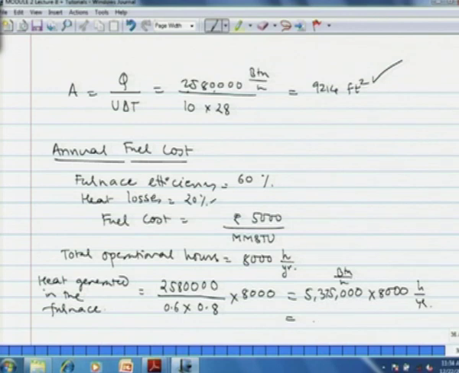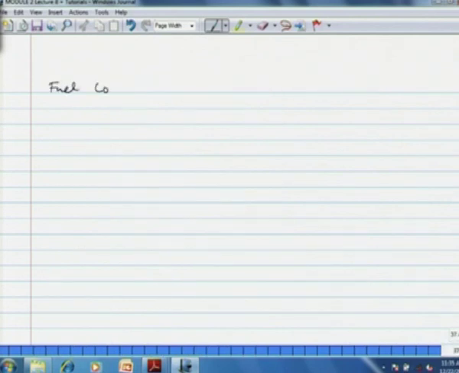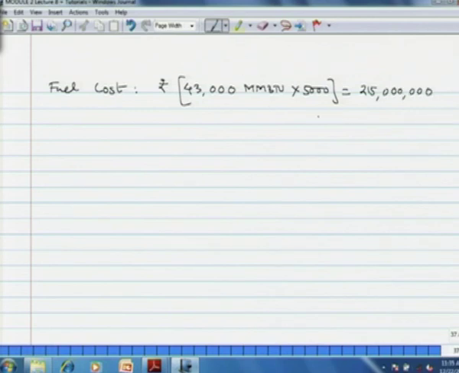So, the annual heat will be 43,000 MMBTU, and then the fuel cost will be 43,000 MMBTU into 5,000, that will be 215 million or rupees 21.5 crore.